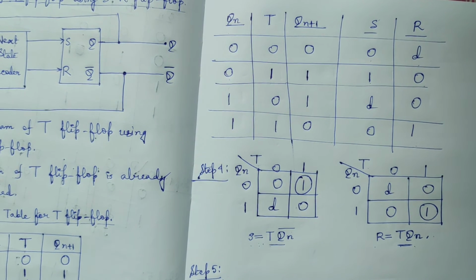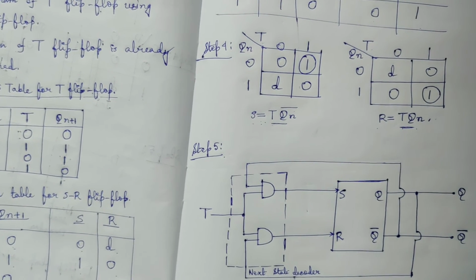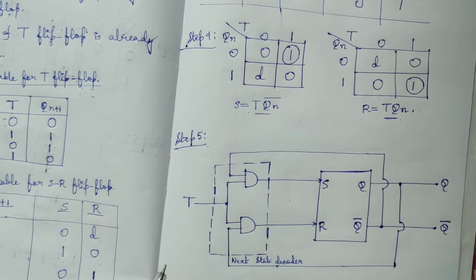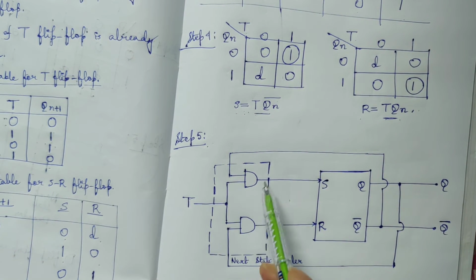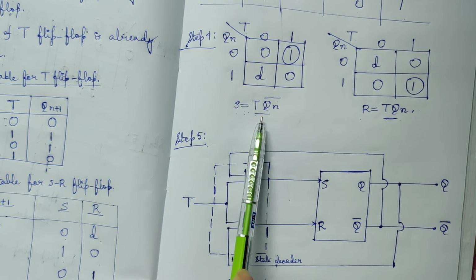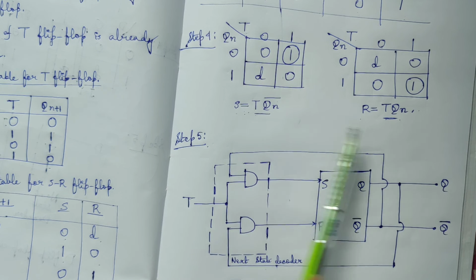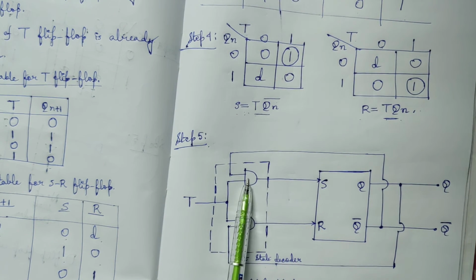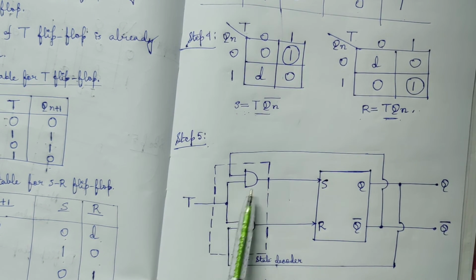Coming to step 5. In step 5, we are constructing the next state decoder here. So there are two AND gates. This is one AND gate, this is another AND gate.